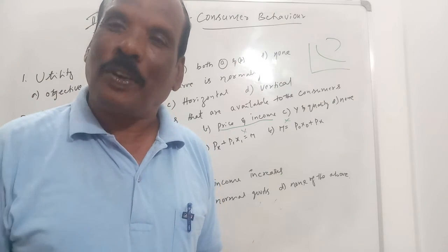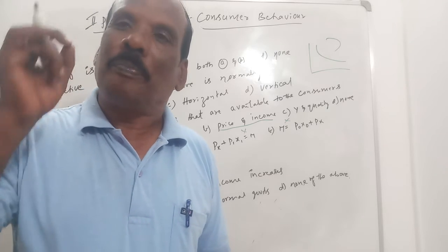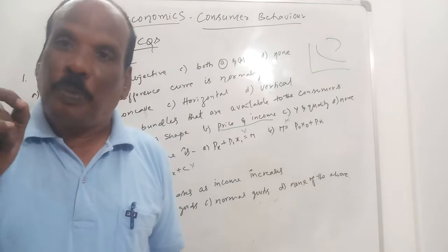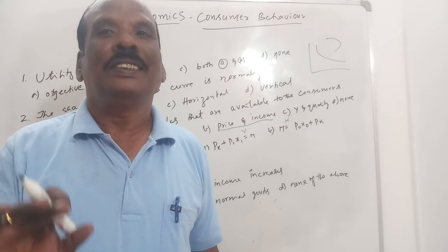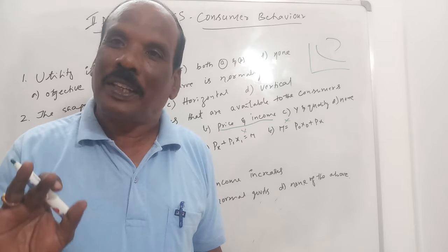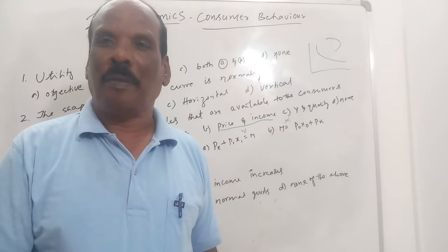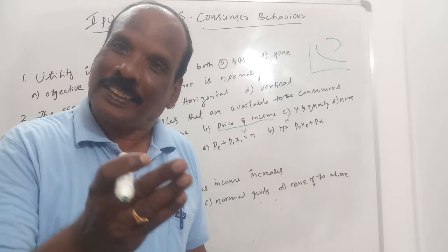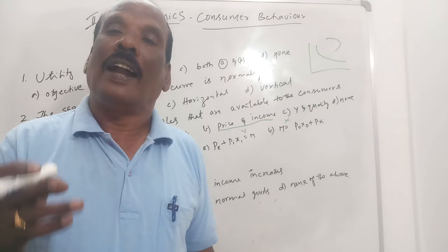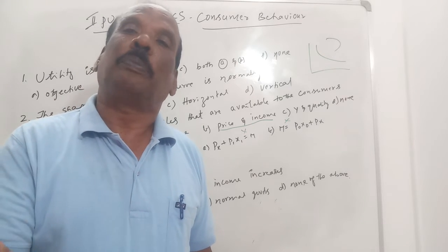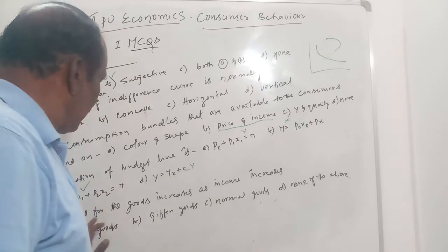And that is why the equation of the budget line is P1 X1 plus P2 X2 is equal to M, where M stands for income of the consumer. P1 is the price of X1 commodity. X1 is the name of one commodity, X1 commodity, and then another one, P2 is the price of X2 commodity. Right. Okay, coming to the last one.